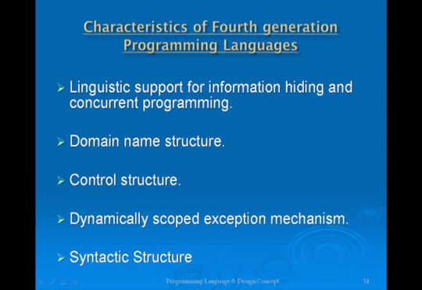Protected data structures such as Ada 95's protected types and Java access modifiers are also typical. Fourth generation languages typically also have a dynamically scoped exception mechanism for handling both system and user-defined errors.